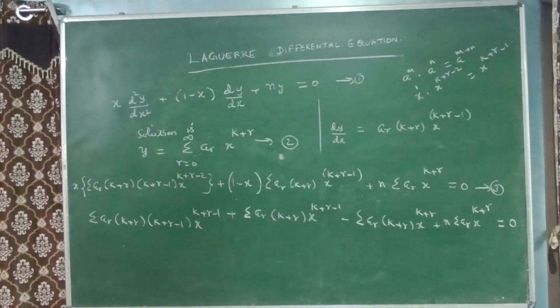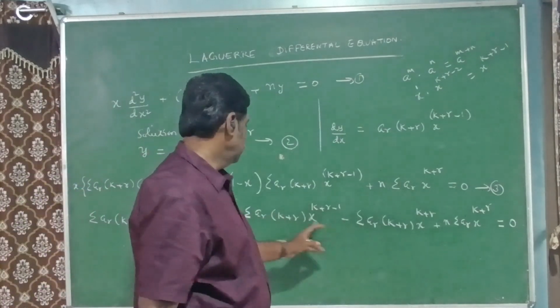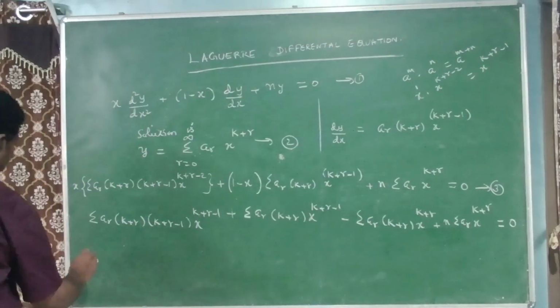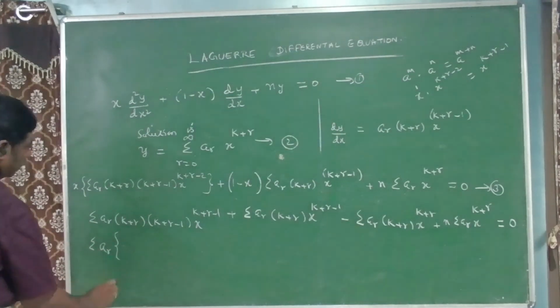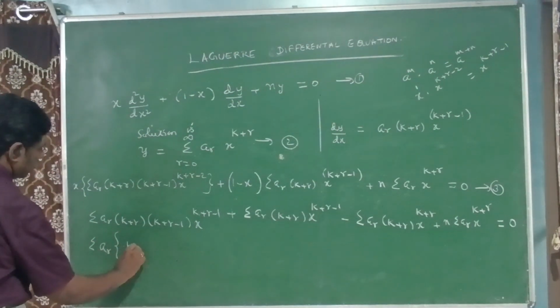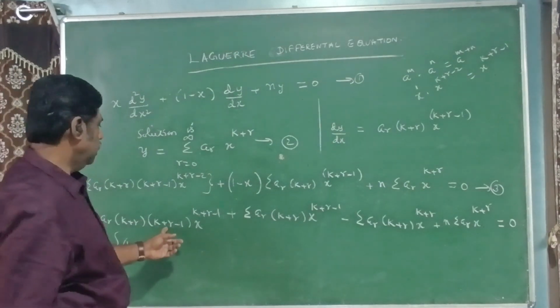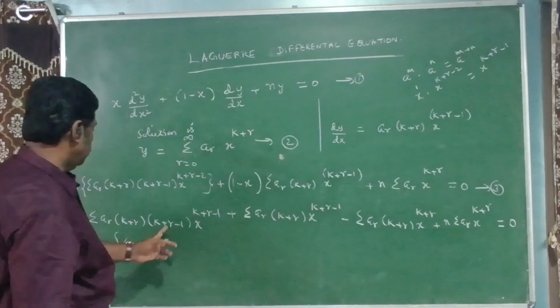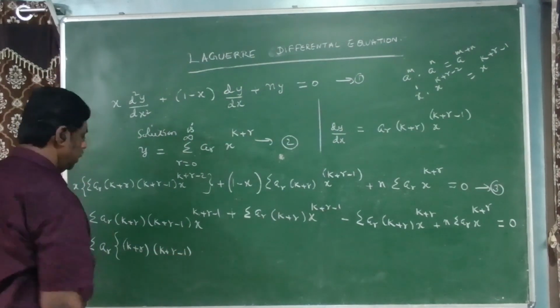Now I have to combine the x^(k+r−1) terms. First take a_r outside, then (k+r)(k+r−1).